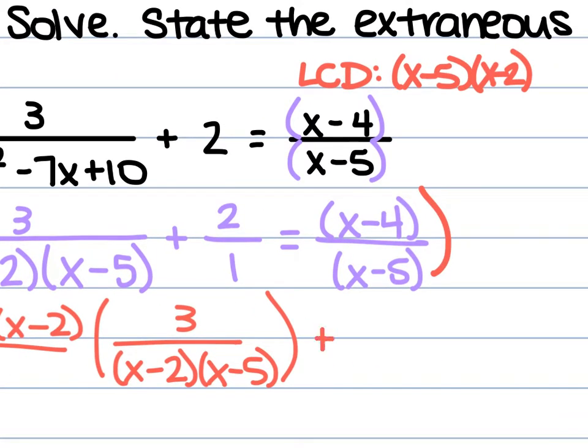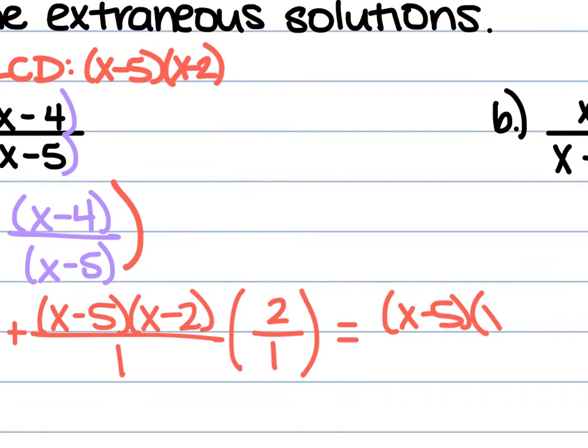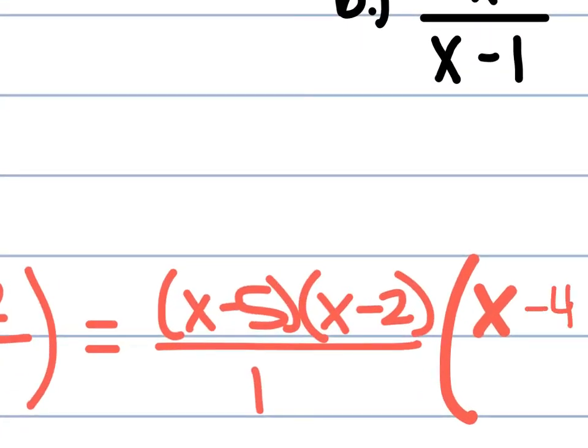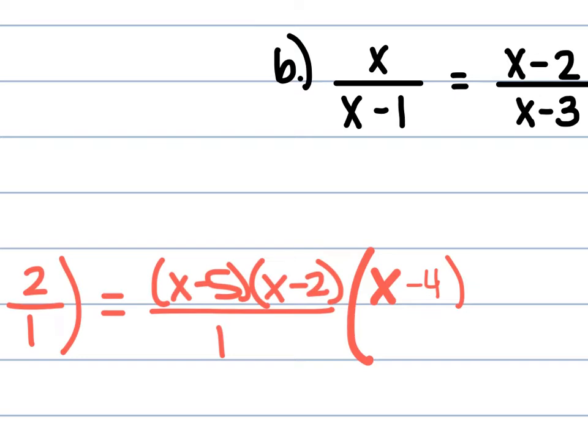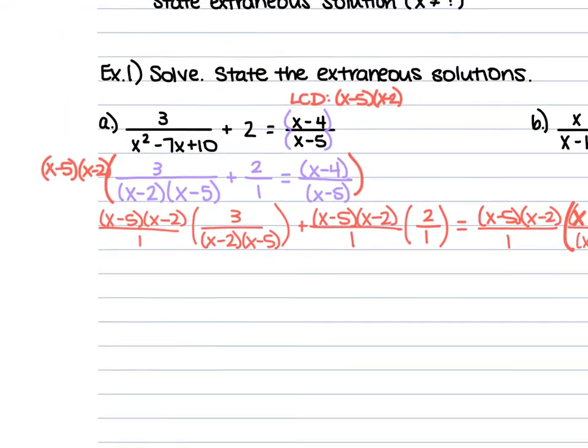And then we're going to have, again, the x minus 5 times x minus 2 over 1 times 2 over 1 is equal to x minus 5 times x minus 2 over 1 times x minus 4 over x minus 5. So from here, we can cancel out wherever we can.